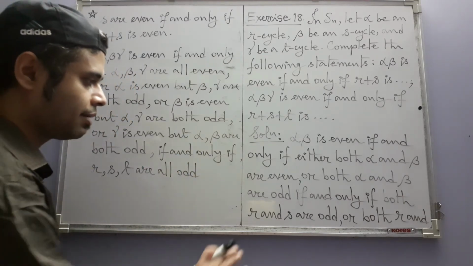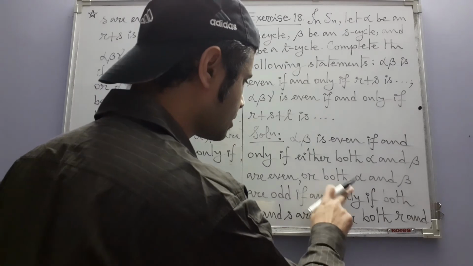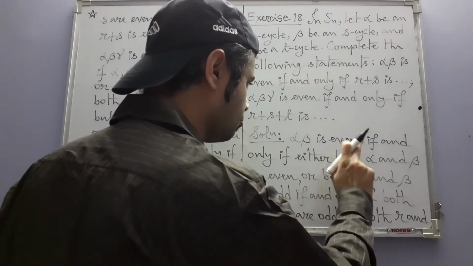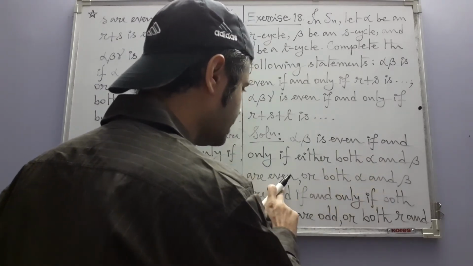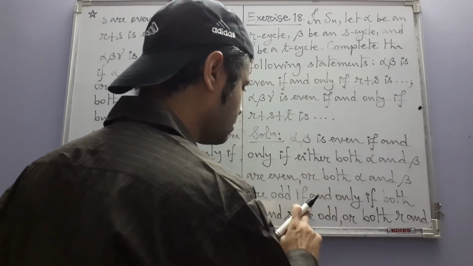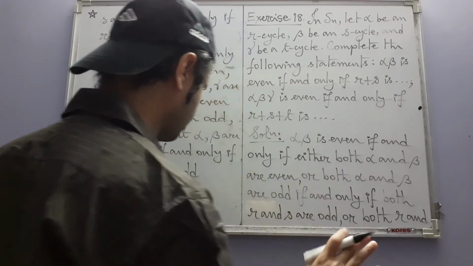I hope what I have done here is correct. No, this case was much simpler. When alpha and beta needed to be even, we considered r and s to be odd. Okay, fine.